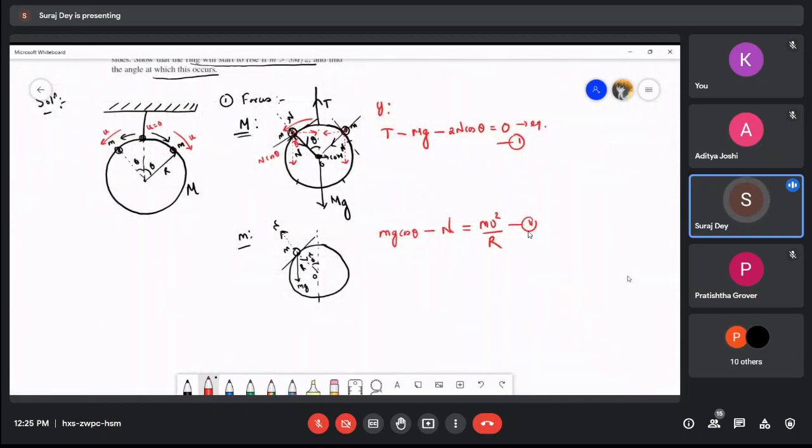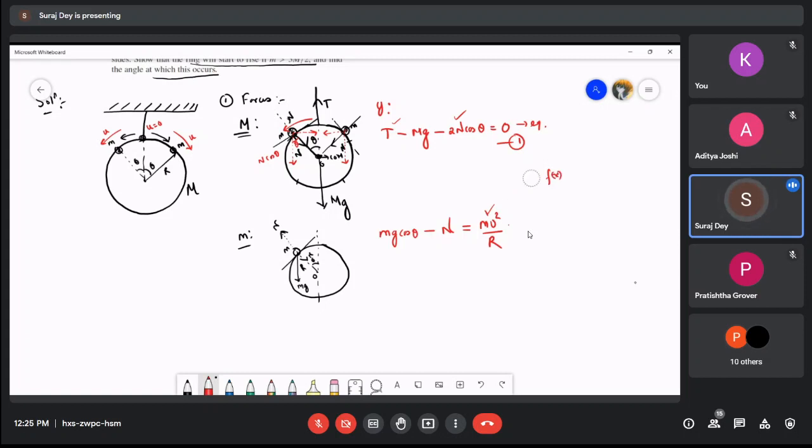And now you notice that we have a couple of unknowns. The normal force is unknown, the tension is unknown, and we also have a velocity here. And these are static equations, so there's nothing to solve. For example, there's no acceleration, so you don't have a differential equation of this kind.